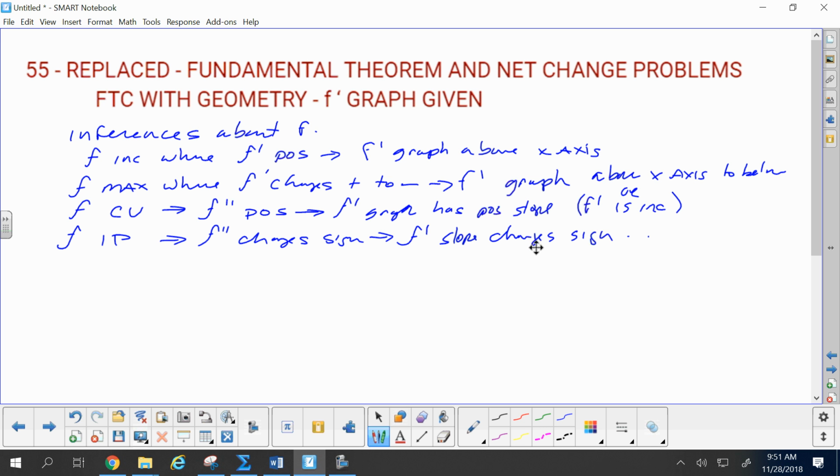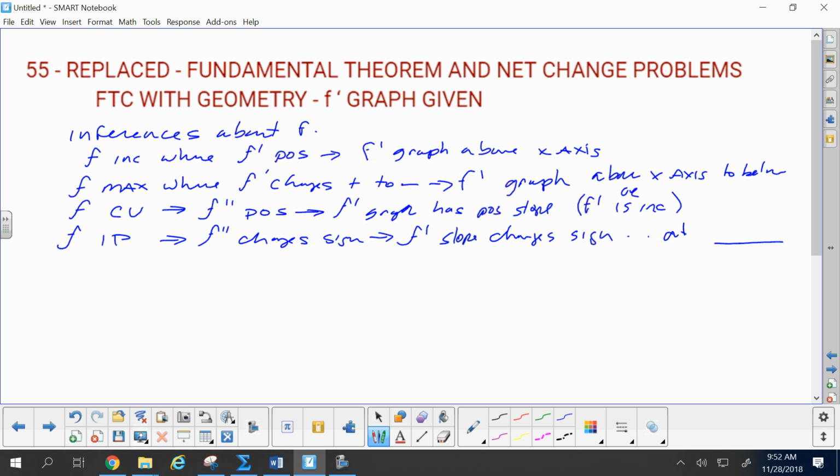And this rationale is exactly what I would write, what you're thinking about where you're going to look. Write that to say, all right, f has an inflection point where f double prime changes sign, which is where f prime slope changes sign. This is at blah. That's your reasoning. It says justify, which it will. That's your justification. Follow?